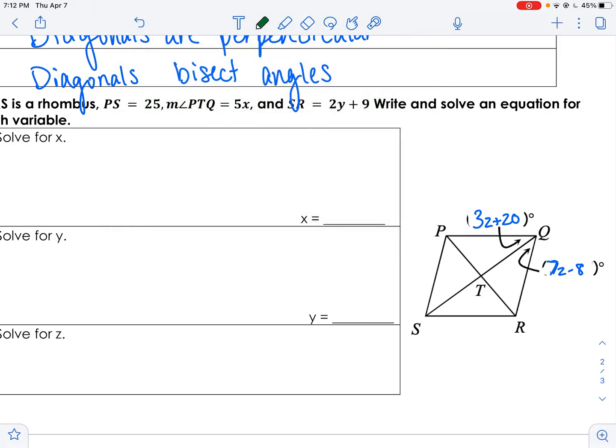I'll do it in green. PS is 25. PTQ is 5x. So this angle, PTQ, that means I start at P, I go to T, I go to Q. So this angle here is 5x degrees. And SR is 2y plus 9.